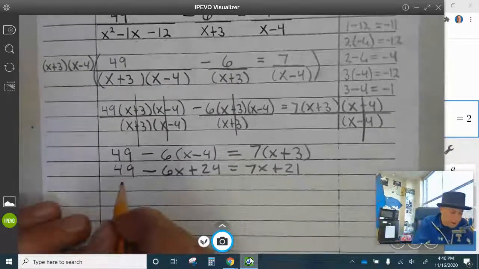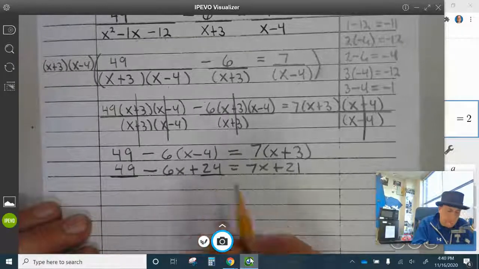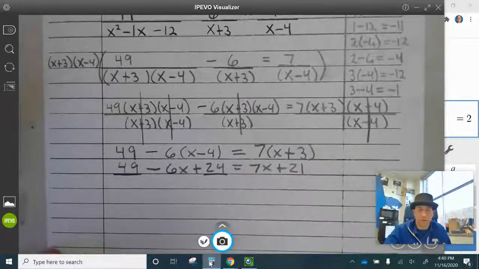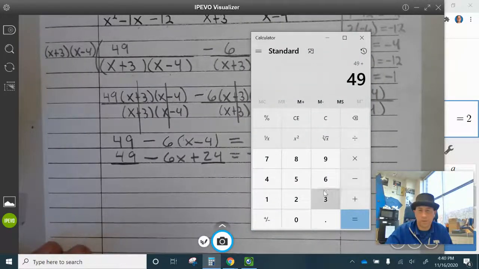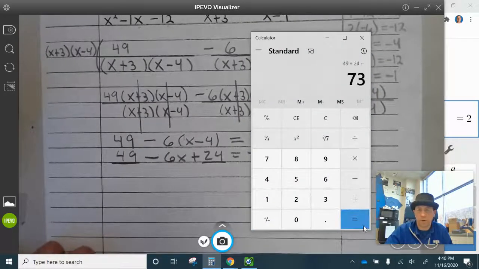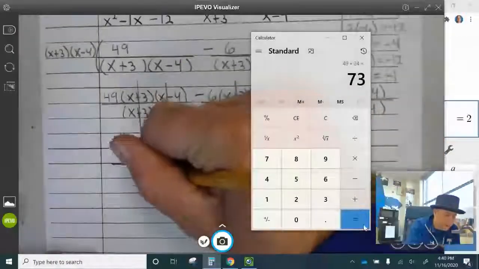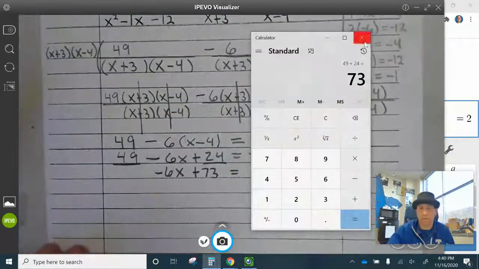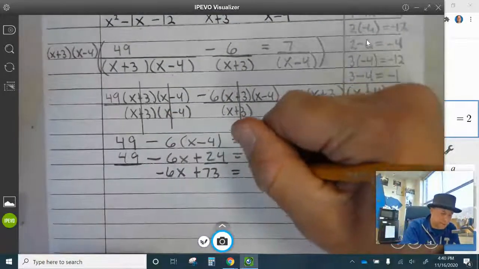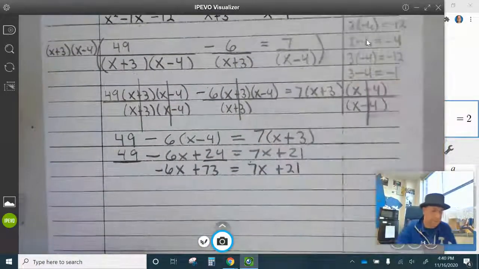Now, let's go ahead and combine 49 and 24, which I'm going to use a calculator because I don't know that off the top of my head. 49 plus 24 equals 73. So then that's negative 6x plus 73 equals 7x plus 21.